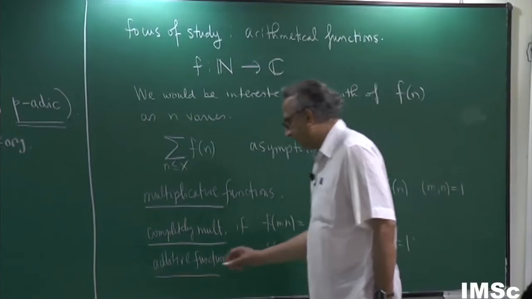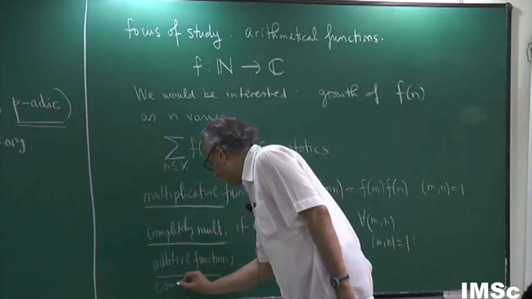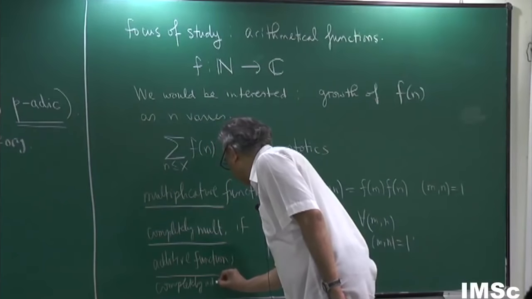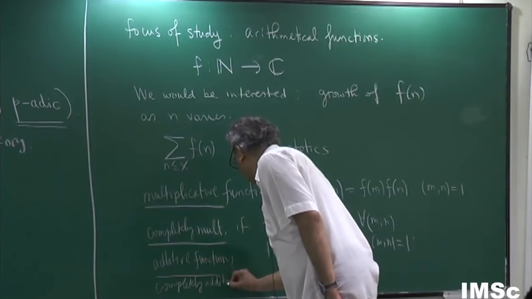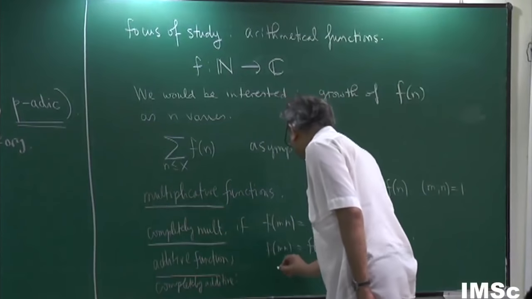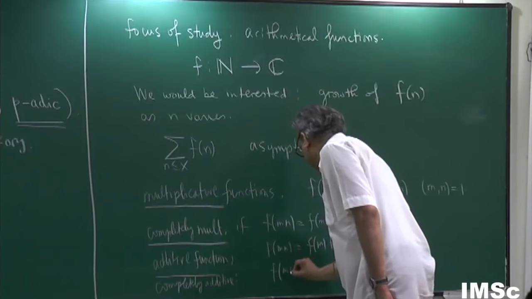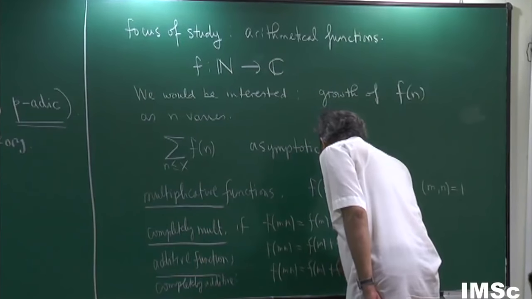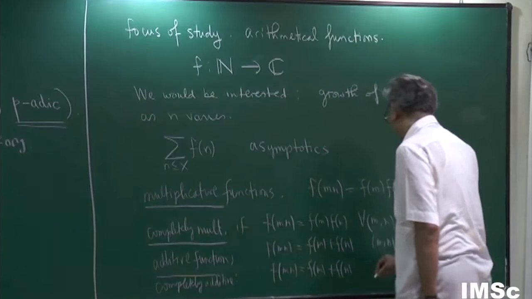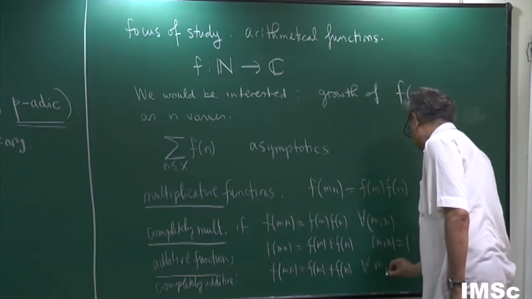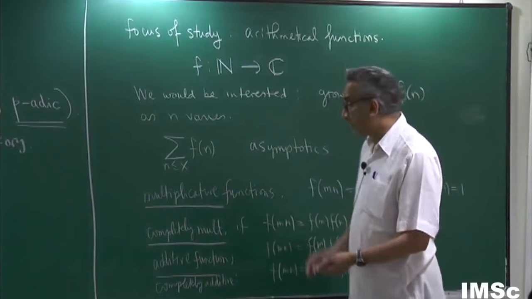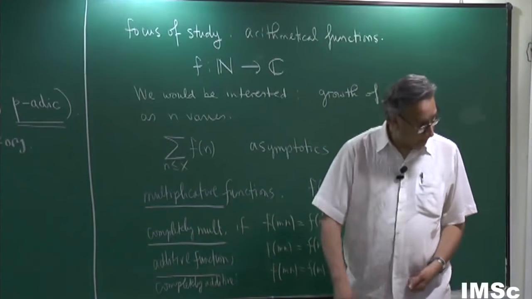And we say something is completely additive if we remove that restriction: f of mn is f of m plus f of n for all m and n. Okay, so these are several categories of functions. Let's have a look at some examples.